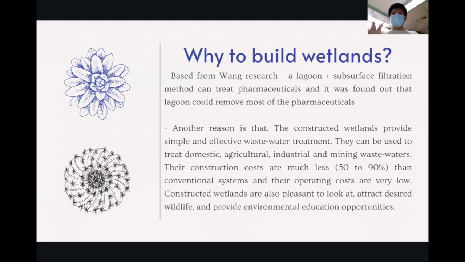Just like the bioreactors, they can be created in industrial, agricultural, or any places, and they cost less. With that, it helps us reduce all the possible waste, such as pharmaceuticals.